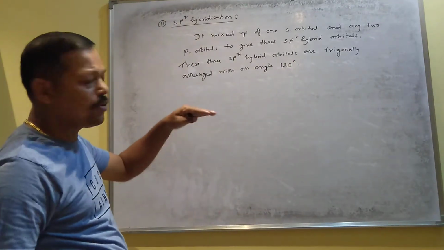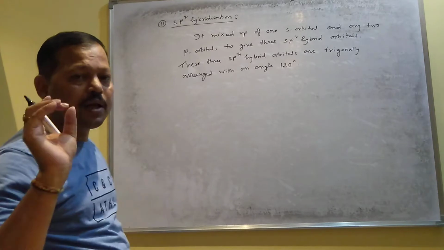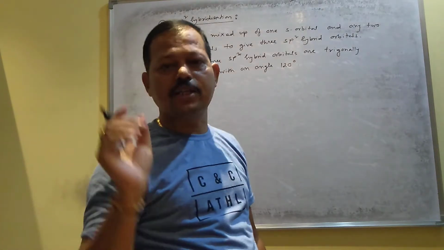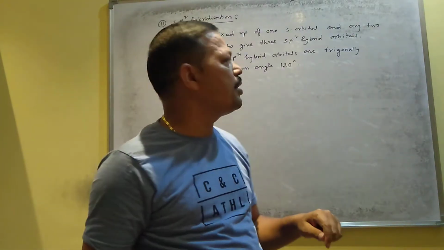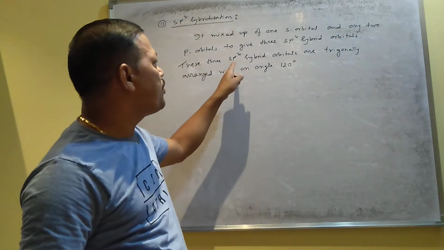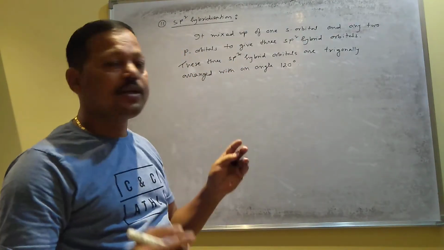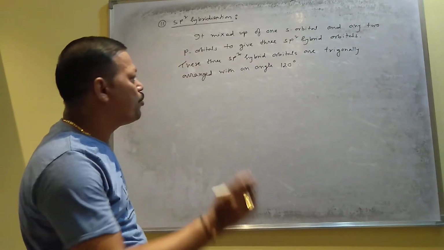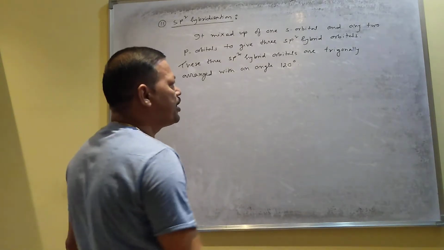I'll show you how they are present. So when an atom undergoes sp3 hybridization, it will adopt a tetrahedral shape, and when the atom undergoes sp2 hybridization, then the shape will be triangular and the bond angle will be 120 degree.